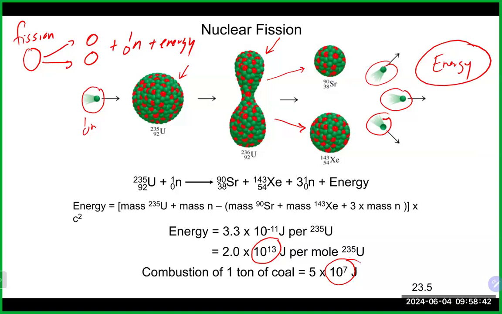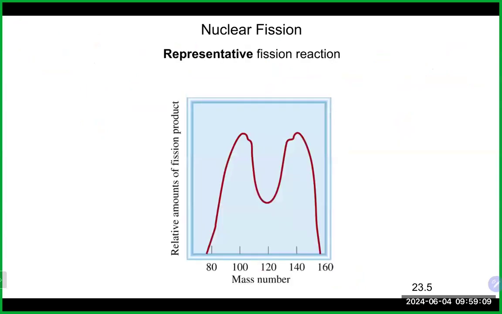So you get a lot more energy in this type of reaction, again because we're playing with everything in the nucleus, so that generates a lot of energy. The reason for comparing coal to uranium is that this is the reaction used in nuclear power plants, and in traditional power plants, they often burn coal to get energy.